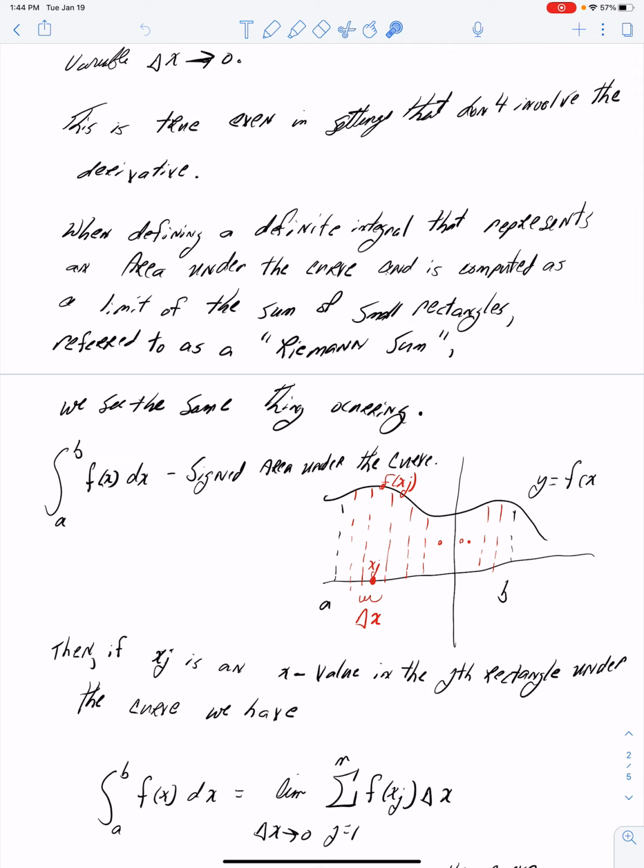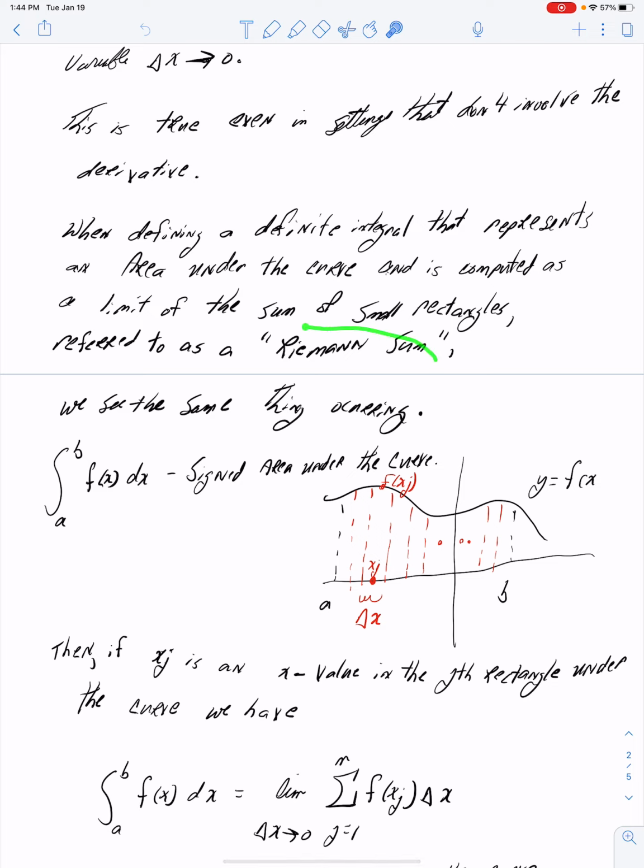Now this turns out to even be true in the setting of integration. Recall that when defining a definite integral, it represents the area under the curve as it's computed as a sum of small rectangles. And you might have seen that when definite integrals were first introduced.